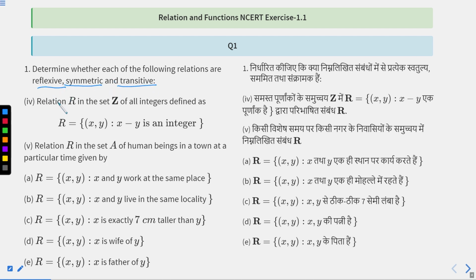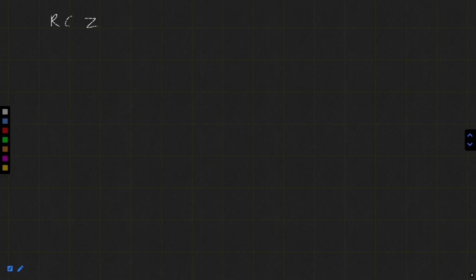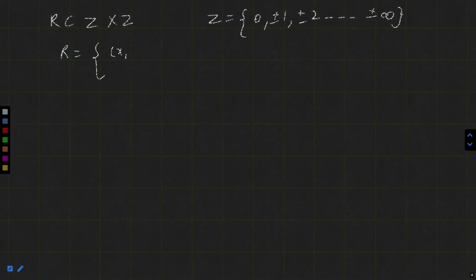The fourth part says my relation R is defined on the set of integers, so R is a subset of Z cross Z. The integer set will be 0, plus minus 1, plus minus 2, and so on till infinity. R is defined as the ordered pairs (x, y) such that the difference x minus y is an integer.